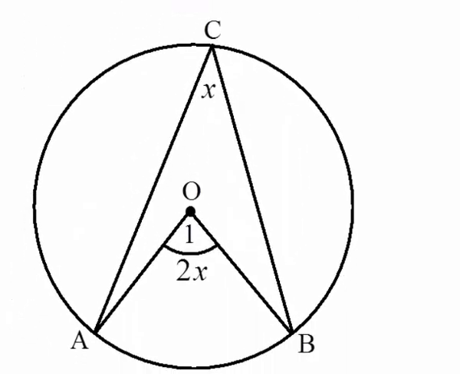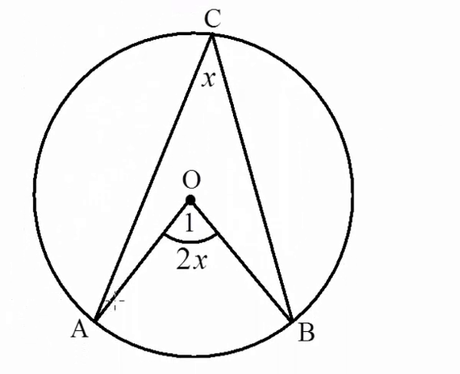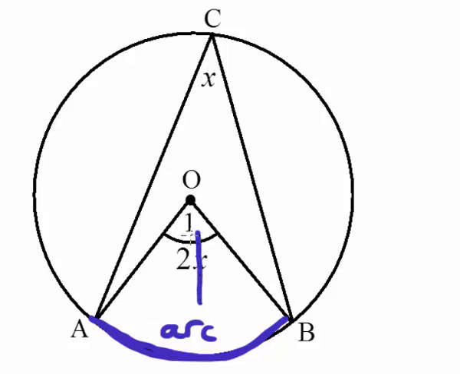Have a look at the second theorem. This is the angle at the center is twice the angle at the circle. What it's really saying is if you've got an arc AB, it forms an angle at the center and an angle at the circumference.